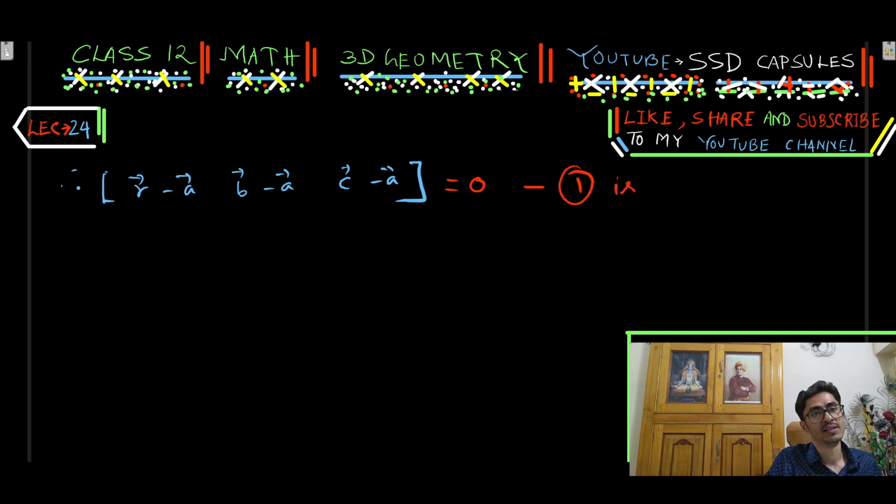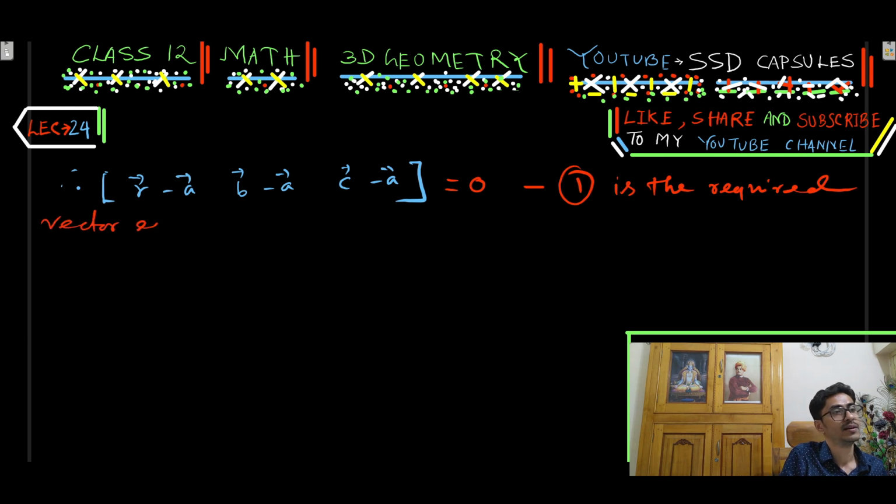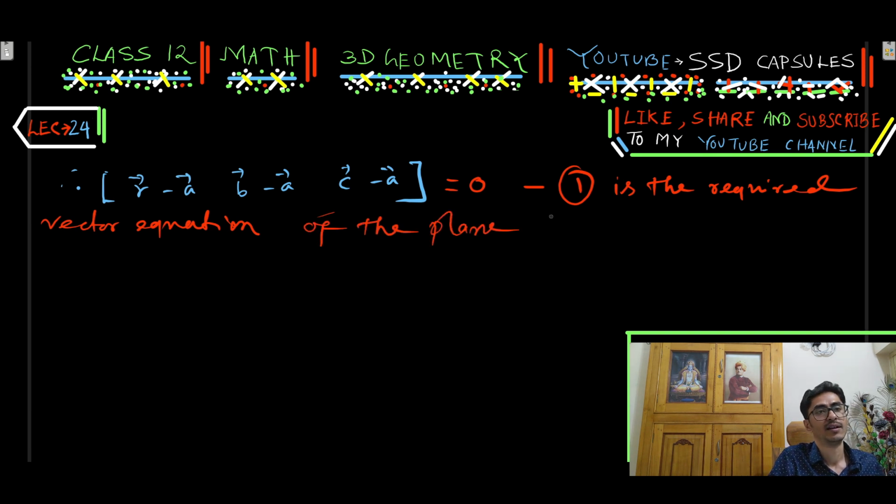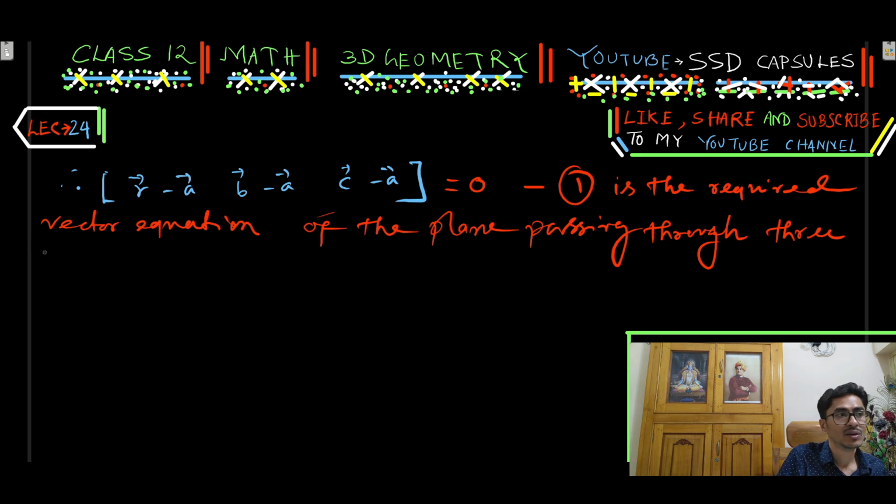Say (1) is the required vector equation of the plane passing through three non-collinear points.